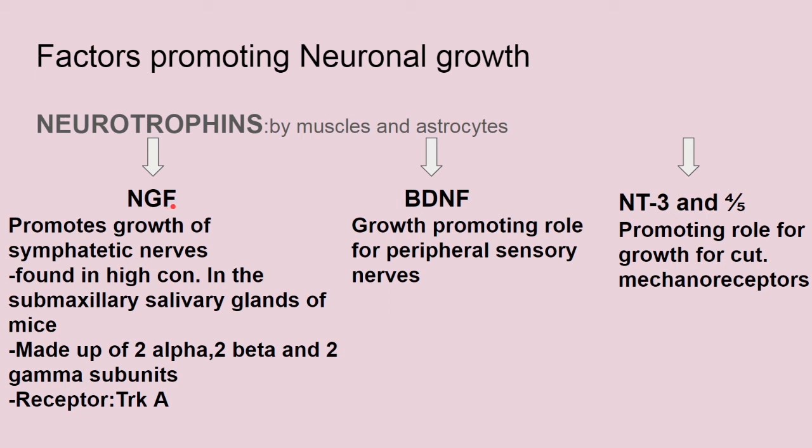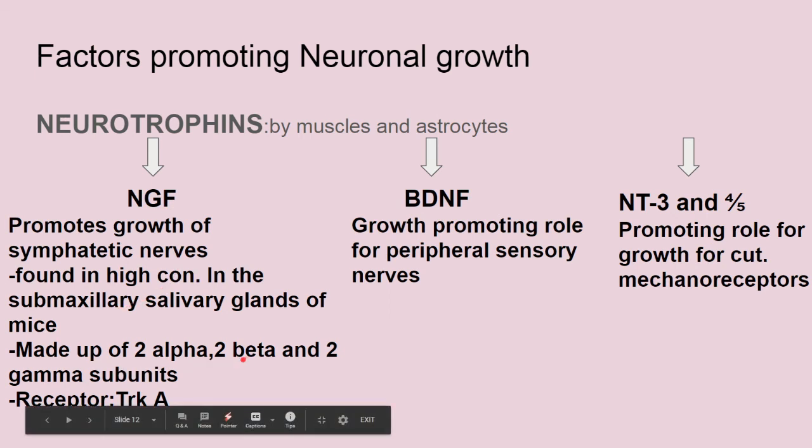Now the NGF is made up of 2 alpha, 2 beta and 2 gamma subunits. The alpha subunit has trypsin-like activity. The beta subunit is similar in structure to insulin and possesses all the nerve growth promoting activities.